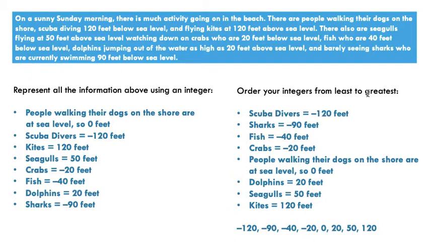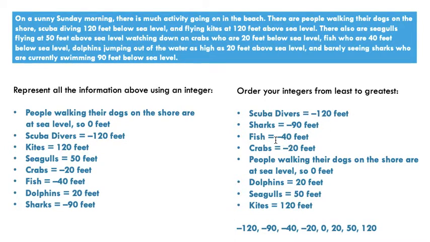So when we're dealing with positive and negative numbers, the further down a negative number is, the smaller it is. So negative 120 feet is going to be the smallest because it's furthest down below sea level. So that'll be negative 120. And then the next one that's closest to that, but not as far down, is sharks, which is negative 90 feet below.